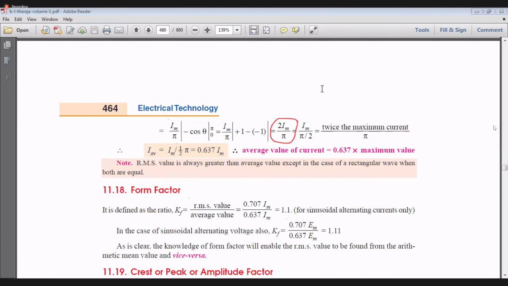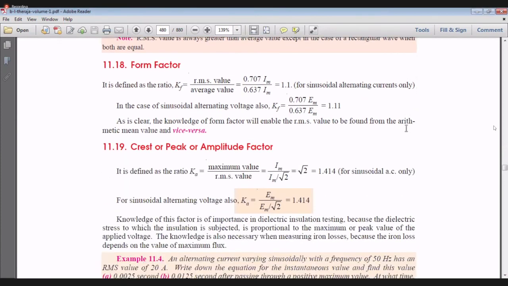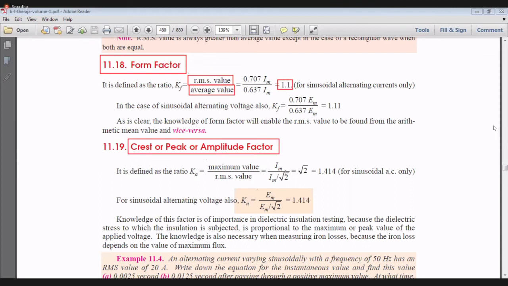Then the next two important parameters of the sine wave. The form factor is defined as RMS value upon average value. After doing the calculation, you will see that it is 1.11. Next is the crest, peak or amplitude factor, defined as maximum value upon RMS value, which comes out to be 1.414.